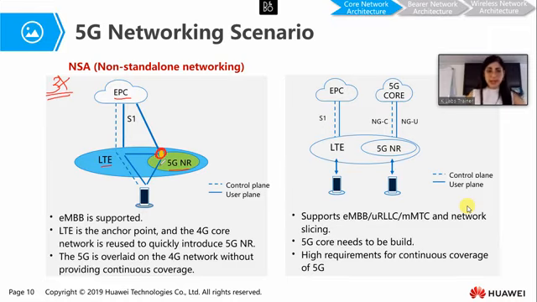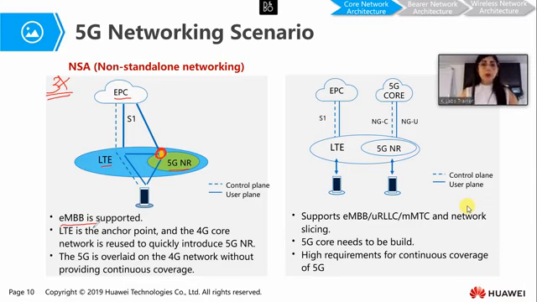With this kind of architecture, we only support enhanced mobile broadband services. Why? Because to support other services like ultra-reliable low-latency communication services, we need the 5G core network. We are also going to understand why we need the 5G core network to support ultra-reliable low-latency communication services.